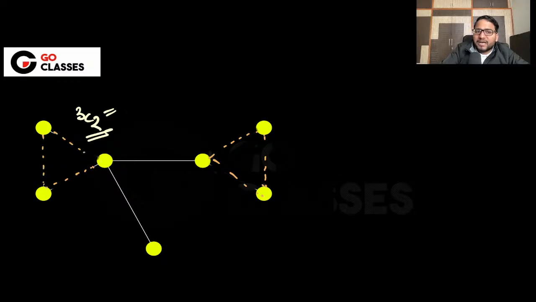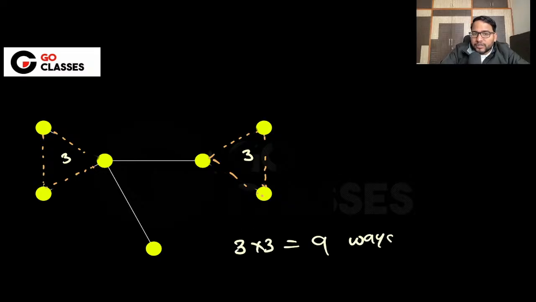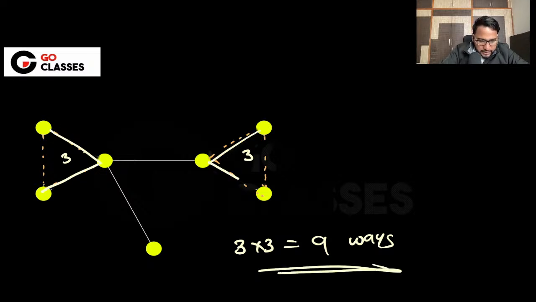Similarly, in this triangle also I have three ways. So total 3 into 3, which is 9 ways in which we can select the edges. So hence 9 MSTs are possible.